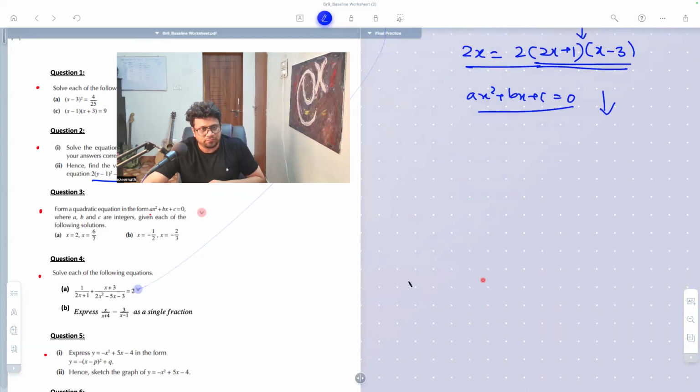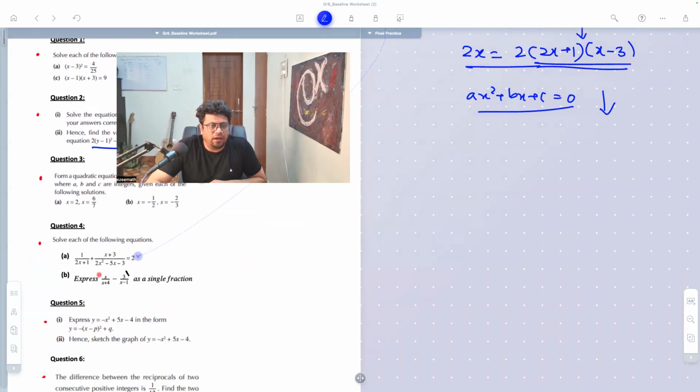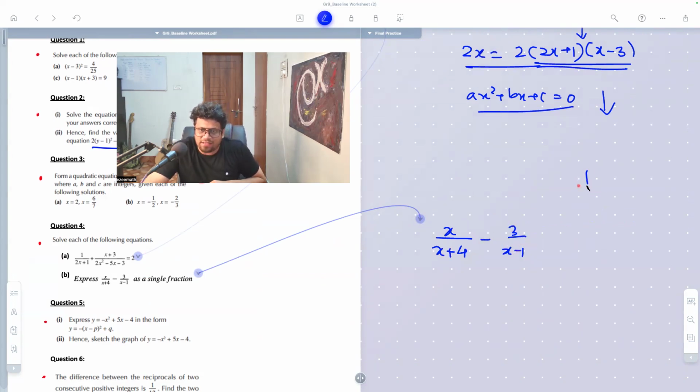That's all. Okay. Here, in the part B, you have got a x divided by x plus 4 minus 3 divided by x minus 1. Well, it's the same as there being a 1 by 5 and a 1 by 7. Well, the LCM would be a 35. Similarly, the LCM here is going to be just the product of the two, x plus 4 and x minus 1.